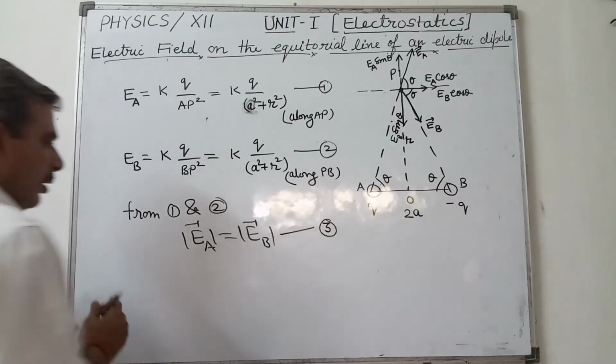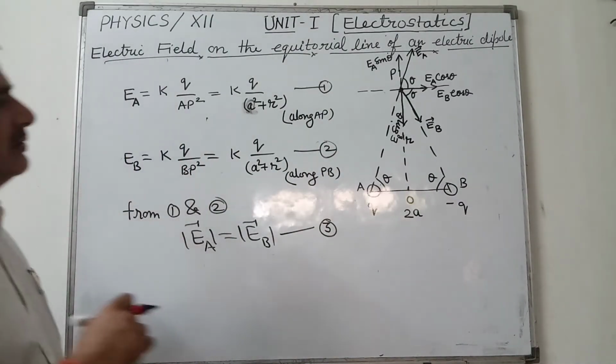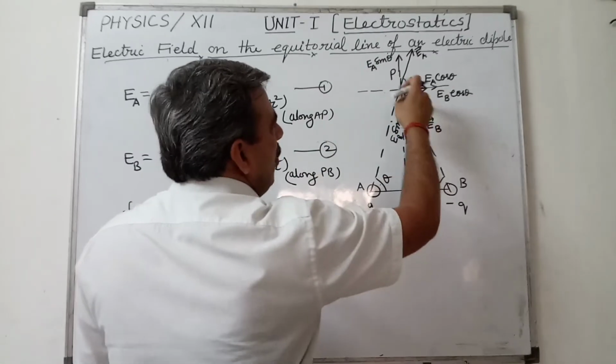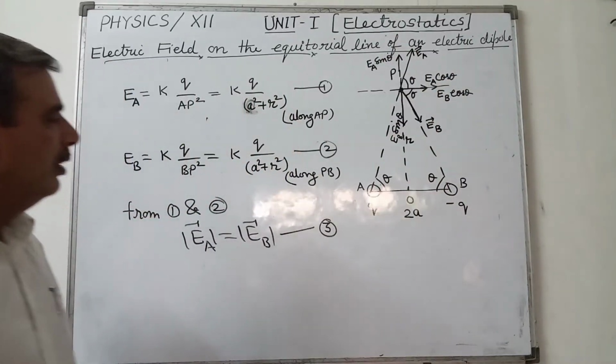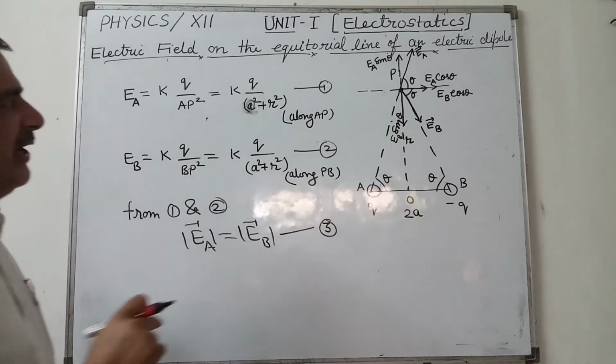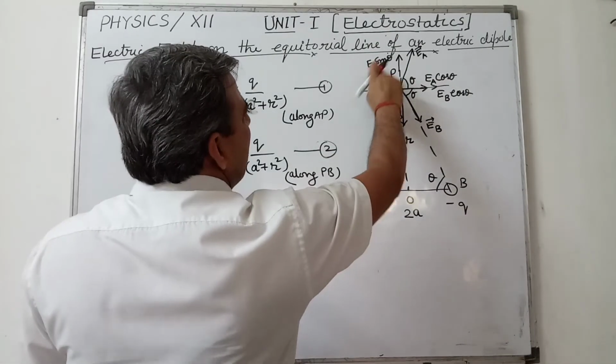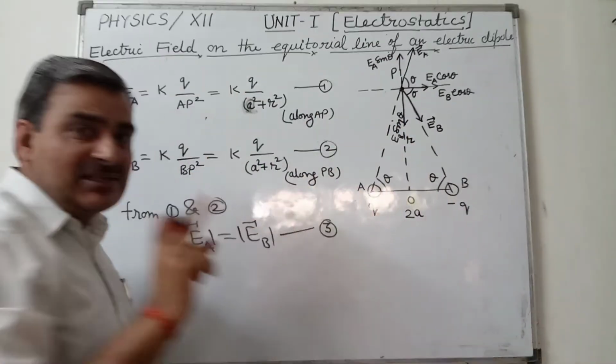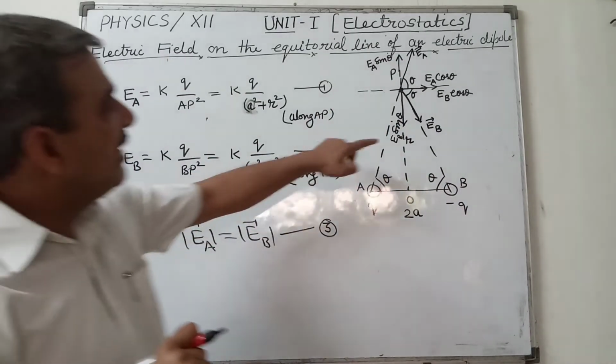Now, when you break the components of EA and EB along horizontal and vertical, you can see from here that the vertical components EA sin theta and EB sin theta get cancelled out. Why? Because they are equal in magnitude and opposite in direction.